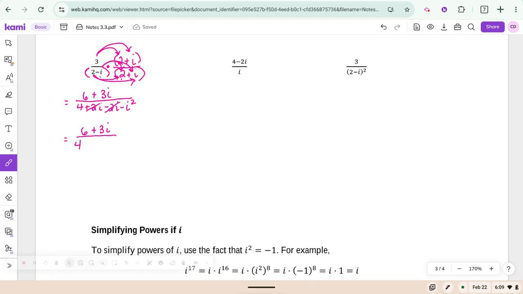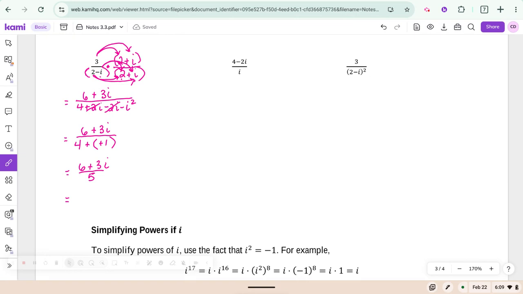So I have 4 minus i squared. But remember, i squared is negative 1. So I have 6 plus 3i over 4 minus a negative 1, which is the same as 4 plus 1, or 5. Complex numbers are written in the form a plus bi.